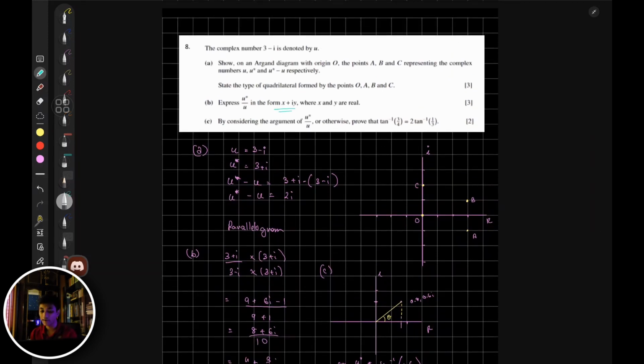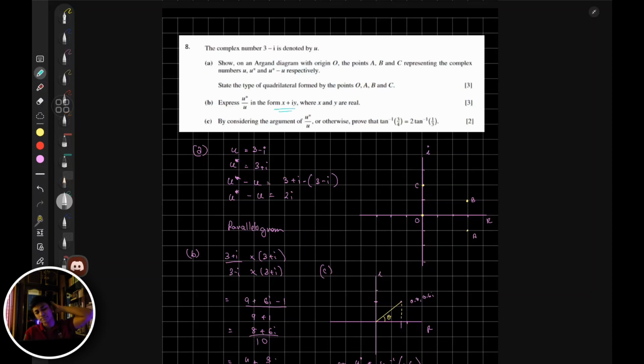You first have to find for which complex number you're getting an argument of 3/4, and also for which complex number you're getting an argument of 1/3. After you find that out, you need to prove that tan inverse of 3/4 equals 2 tan inverse of 1/3. It's a bit complicated and requires a bit of conceptual understanding. So let's go and solve this step by step.